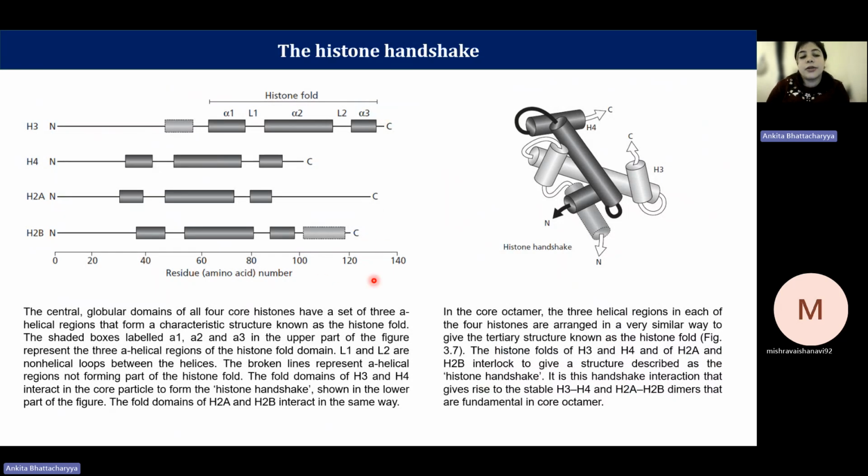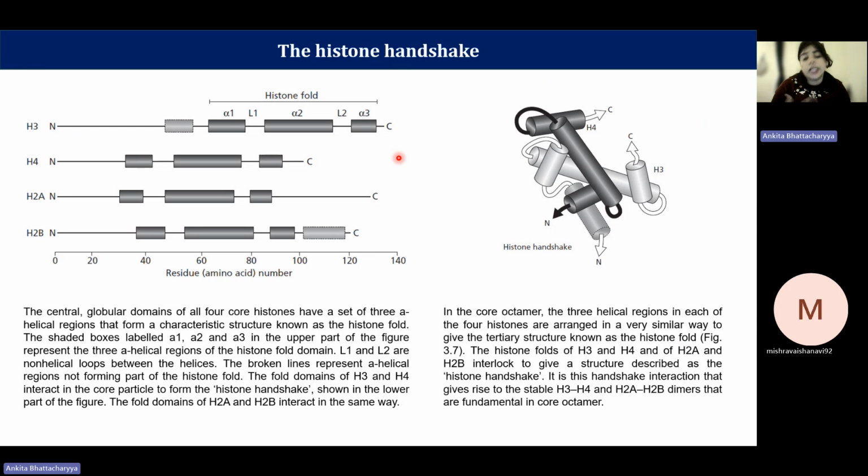The length, or the amino acid number, is variable between different histones, among which H3 is the longest histone molecule or the heaviest histone molecule, while H4 is the shortest, and H2A, H2B are quite close. So these are also some subtle differences.